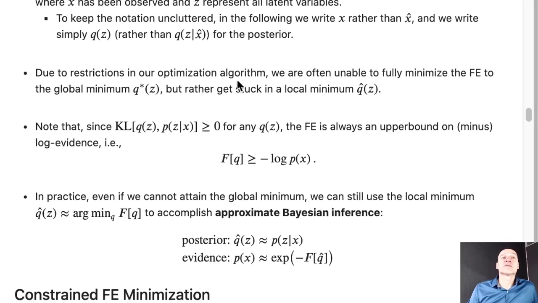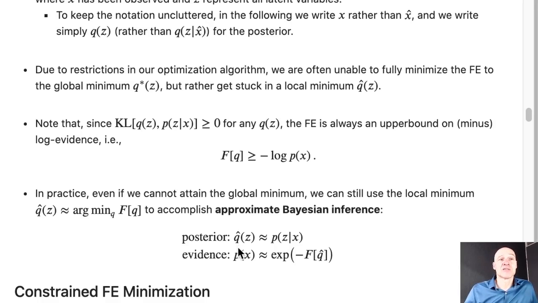In a sense, when you do free energy minimization, there is only one goal. You pick a model and you minimize free energy, and then you can pick another model and you minimize free energy, and the model with lowest free energy wins. That's the one that has the highest evidence, right? So that's how that works.